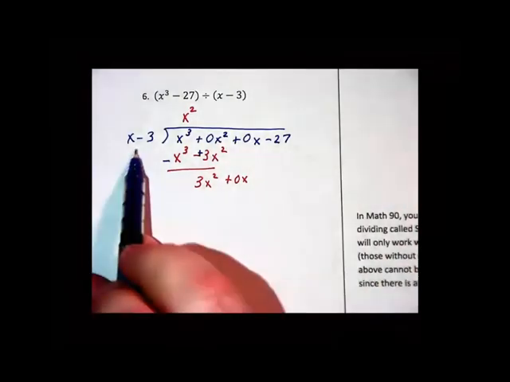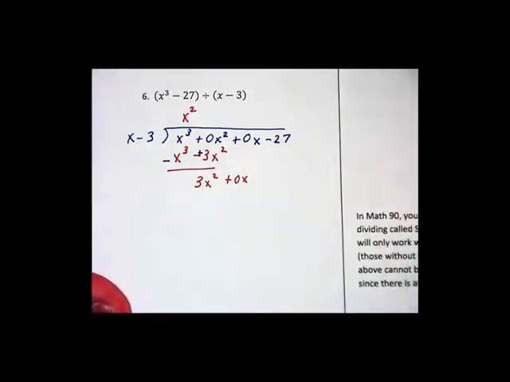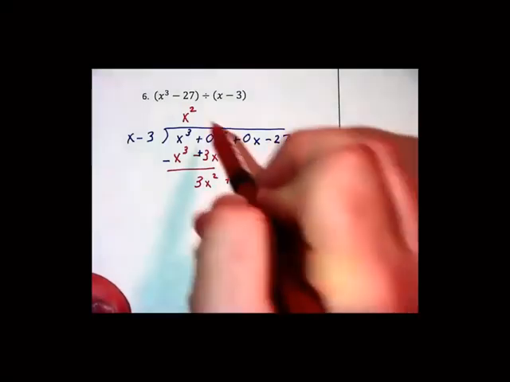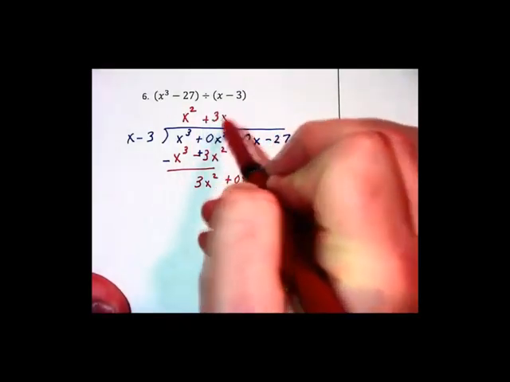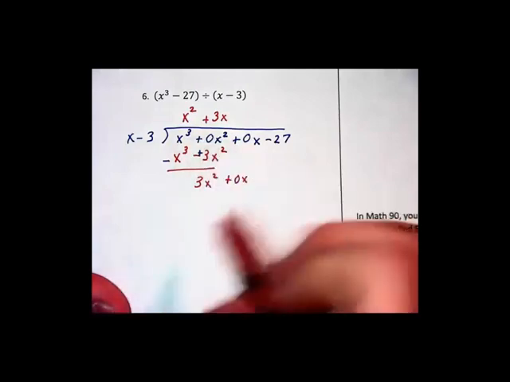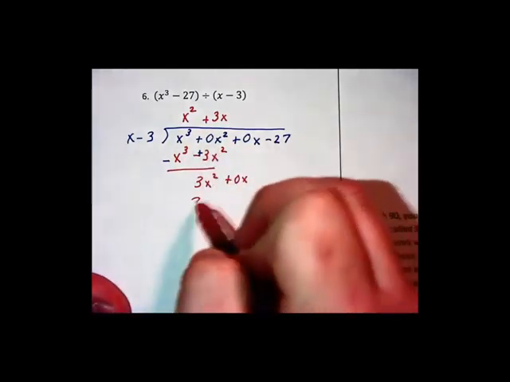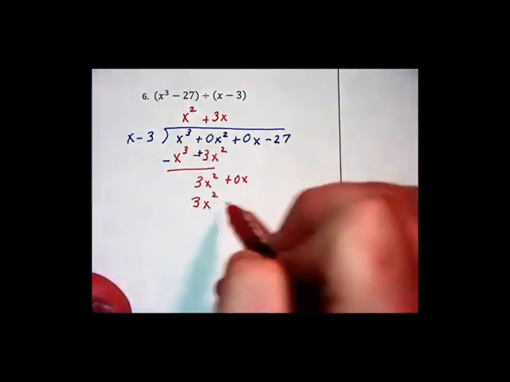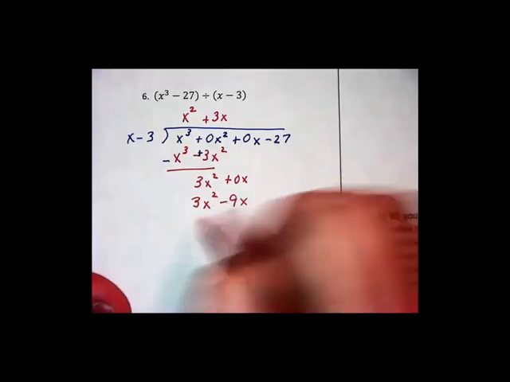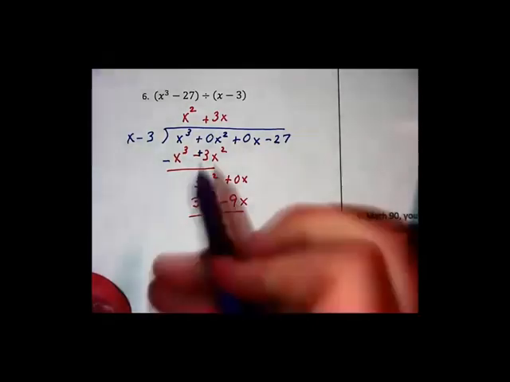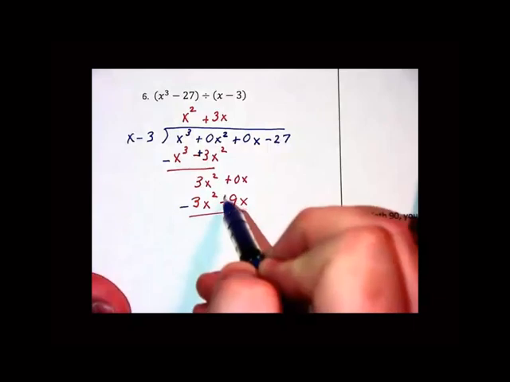X out front, 3x squared right there, it goes in 3x times, so plus 3x on top. That 3x on top multiplied by both on the side gives us 3x to the 2nd minus 9x. Adding the opposite gives us a minus and then a plus.